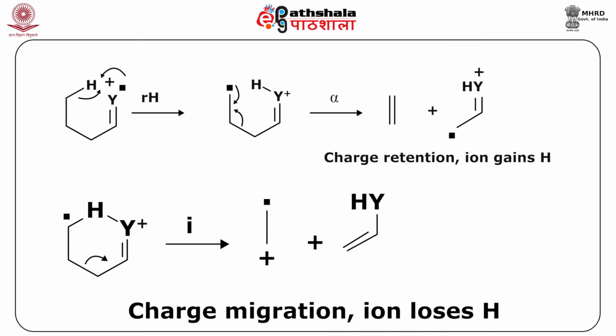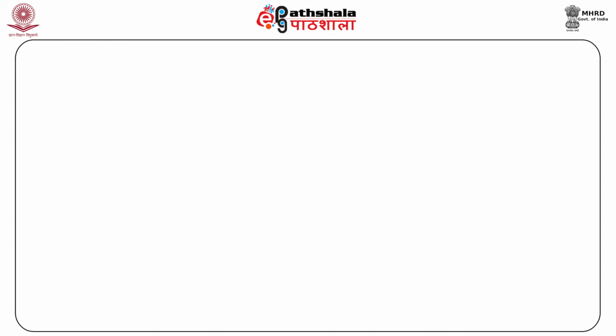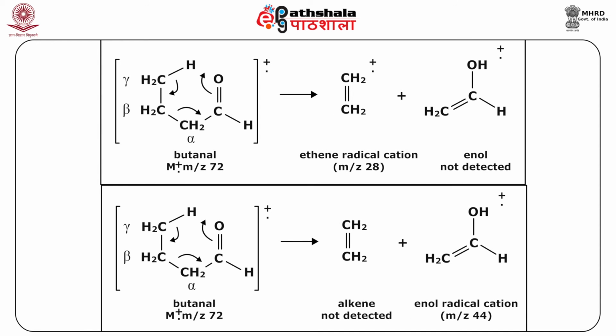Now you can see here how beta splitting takes place, and the charge retention is there when the ion gains a hydrogen. And then again with the charge migration, the ion loses the hydrogen. Now McLafferty rearrangement of butanal, that is the aldehyde, produces two products, that is the ethylene radical cation with the m/z value of 28 and the enol radical cation with the m/z value of 44.